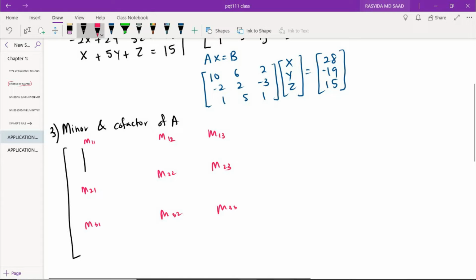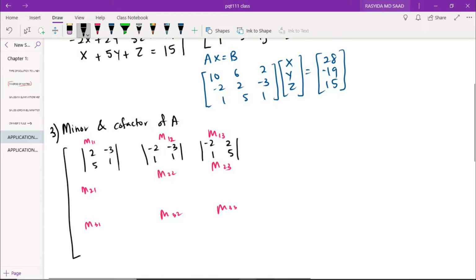For this one, M11 will be equal to the determinant of 2, negative 3, 5, 1. M12 will be equal to the determinant of negative 2, negative 3, 1, 1. And then this one, M13, negative 2, 2, 1, 5.